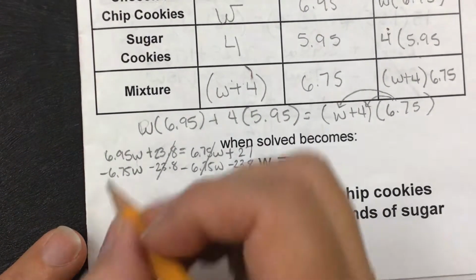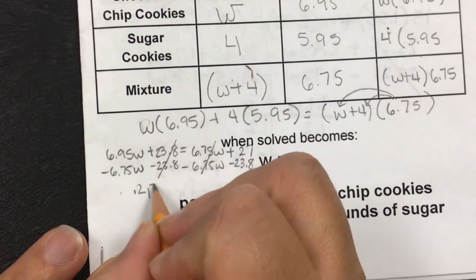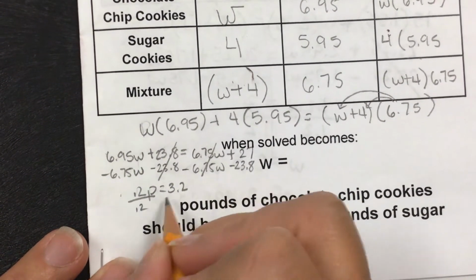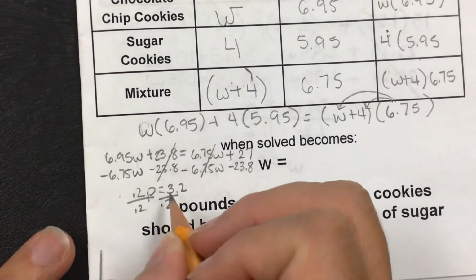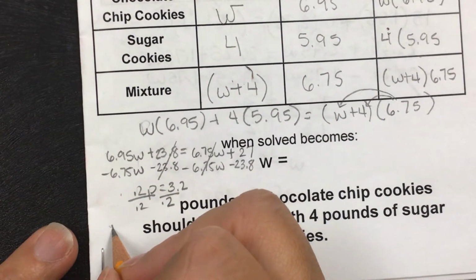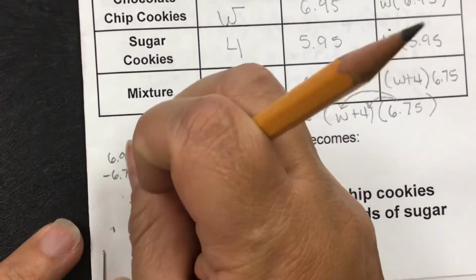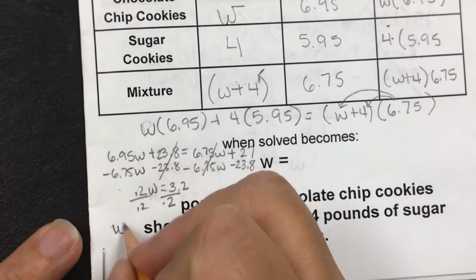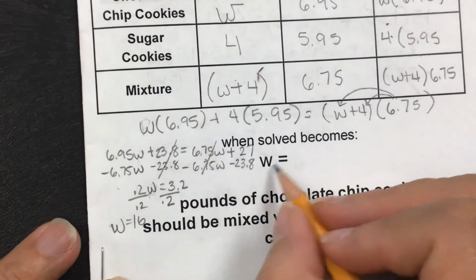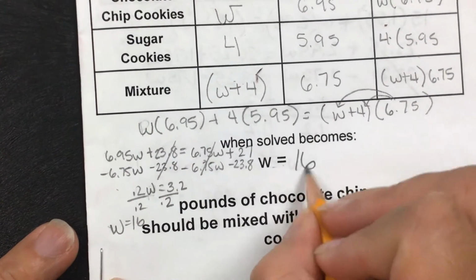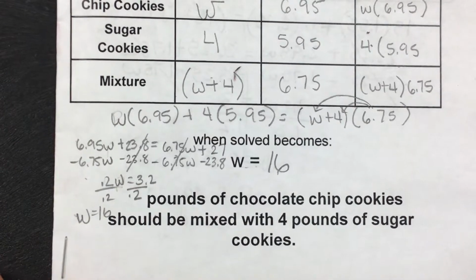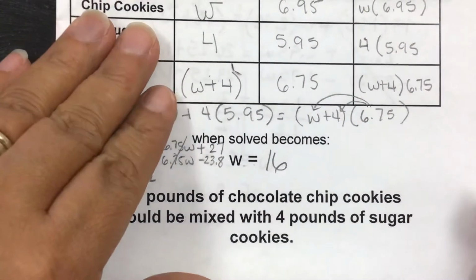I'm left with 0.2 W is equal to 3.2. Then divide by 0.2 on both sides. W is equal to 16. That means 16 pounds of chocolate chip cookies should be mixed with 4 pounds of sugar cookies to get that mixture.